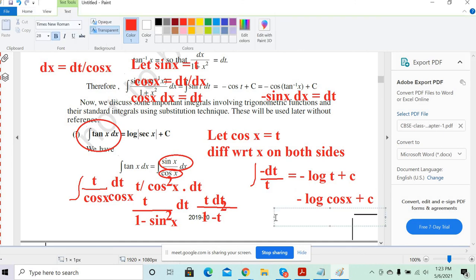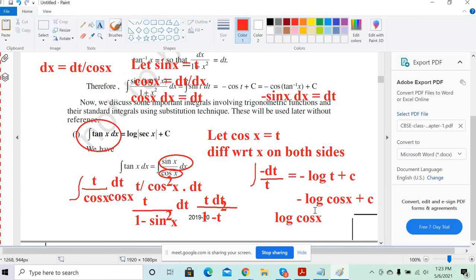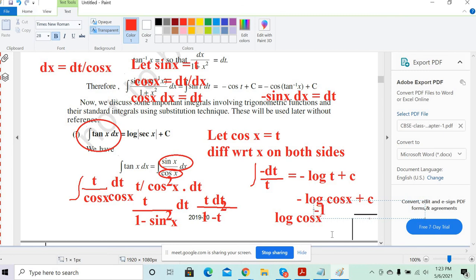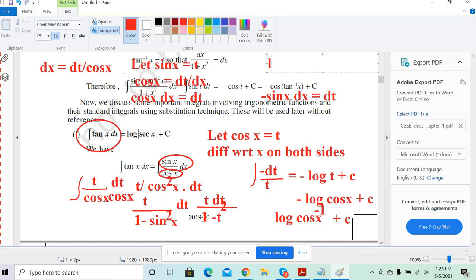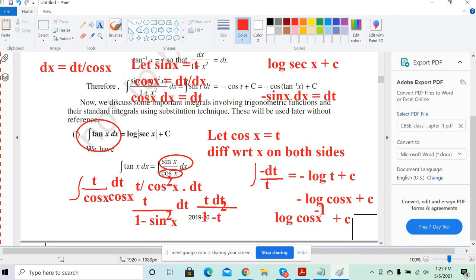Using the power rule with minus 1, it becomes log of cos x to the power minus 1 plus c. What is log of 1 by cos x? Log secant x. Did you understand? That's what you are getting. Clear?